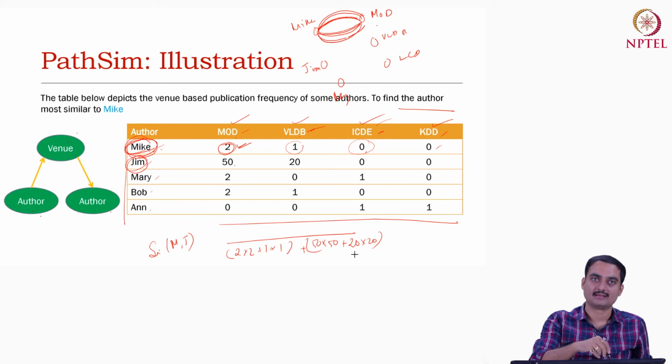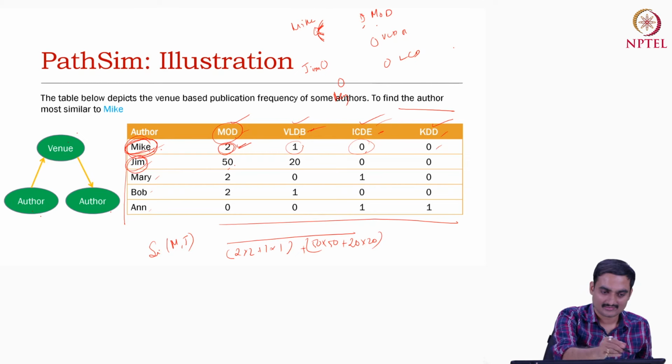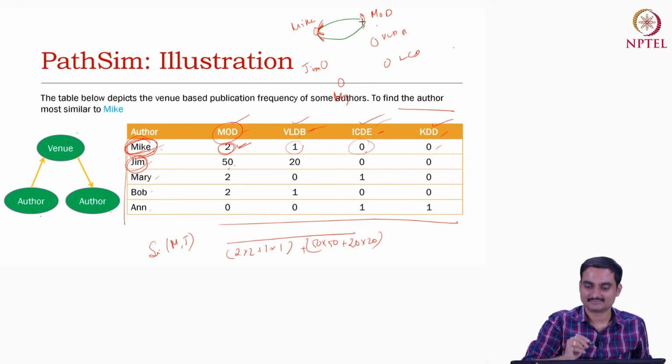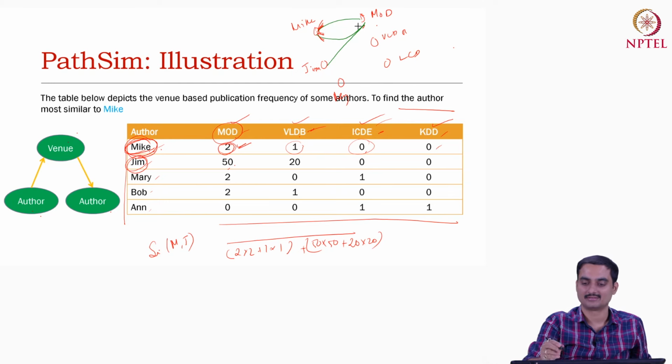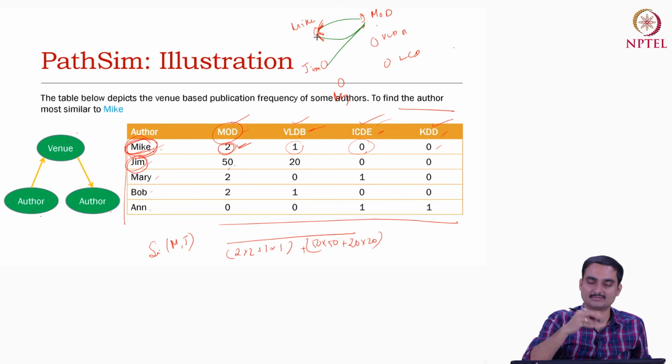How many such paths are there that start from Mike and end at Jim, following SIGMOD, for example? Since 50 is difficult to explain, let's assume you have 2 edges here and 1 edge there. Jim has published only 1 paper in SIGMOD and Mike has published 2 papers. How many paths are there? This is not a round trip path; it starts from Mike and ends at Jim.